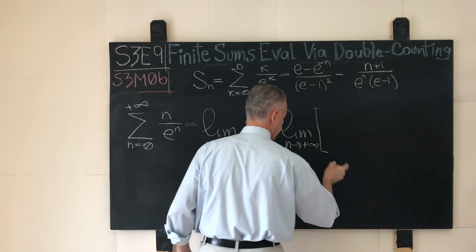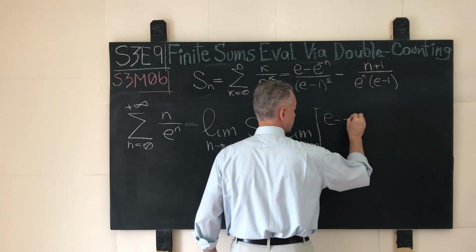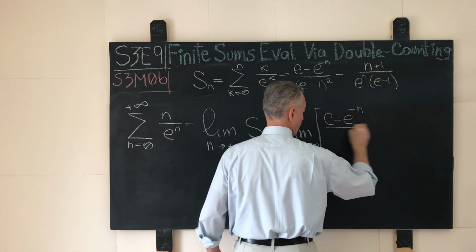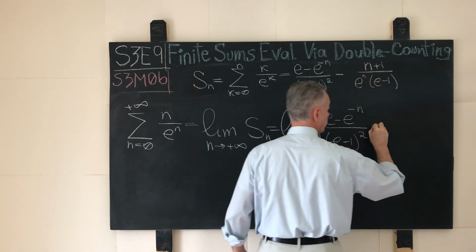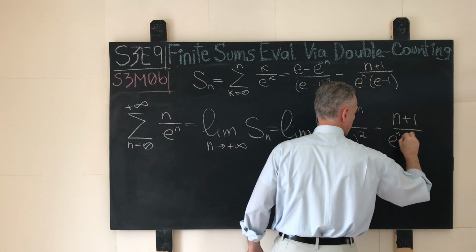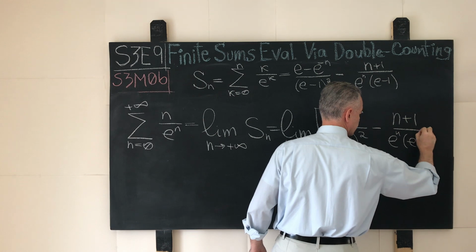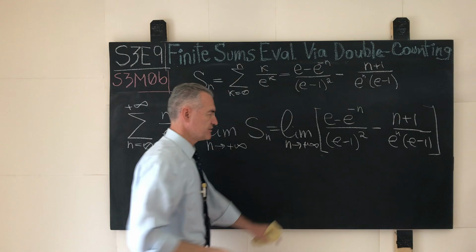I'll use square brackets just as a visual candy: e minus e to the power minus n over (e minus 1) squared, minus (n plus 1) over e to the power of n times (e minus 1). Again, do not pay any attention. This is not a floor function.